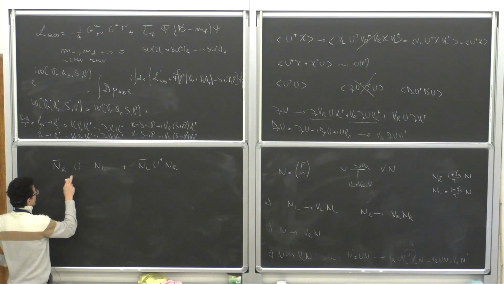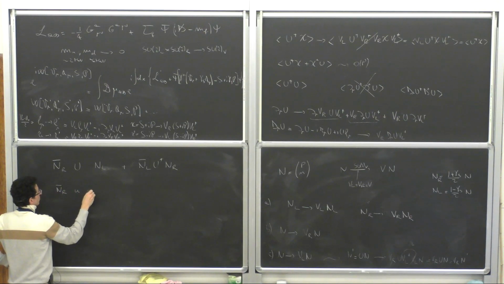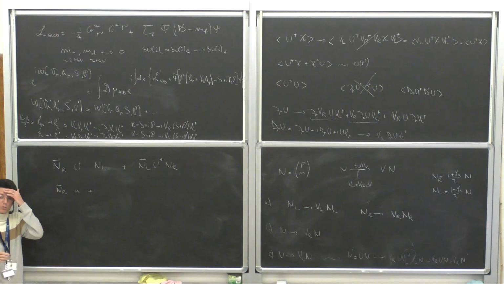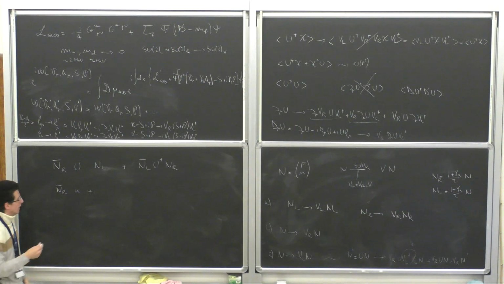For instance, consider this term, n bar R. The trick is to consider the square root of this SU(2) matrix U, so it is another nonlinearity.